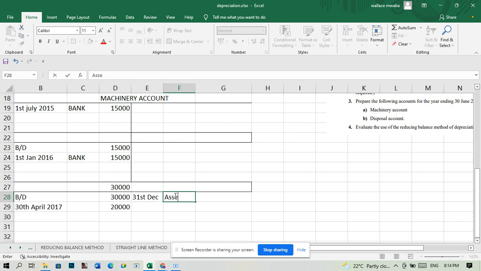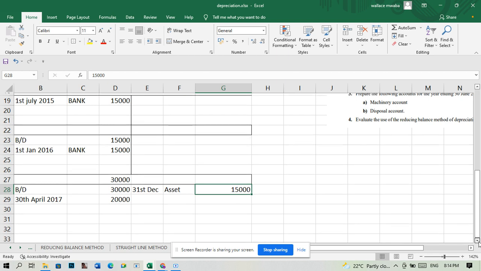So we're going to credit the machinery account 15,000. Okay, this was the cost of machine A. All right, so this same 15,000 will be debited to the asset disposal.